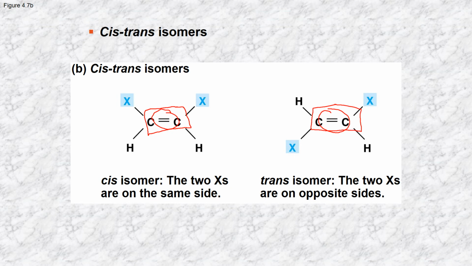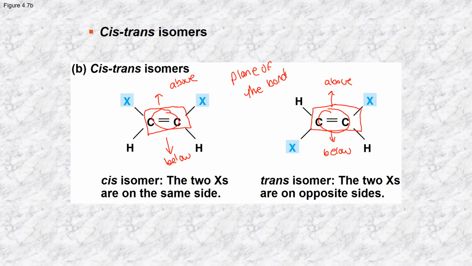So you're going to have some atoms that are attached to the carbons above the plane, and some are going to be below the plane. Same here, above and below. And I'm talking about the plane of the bond.